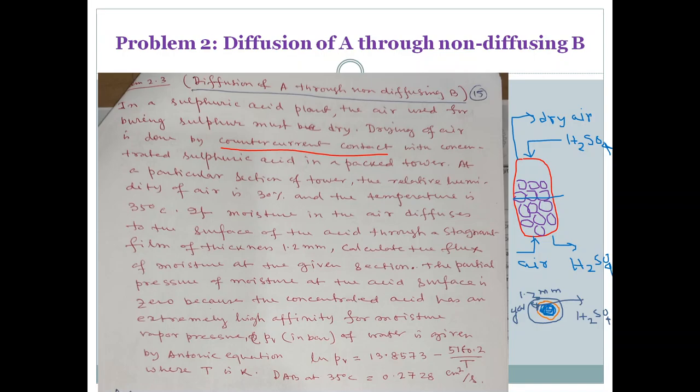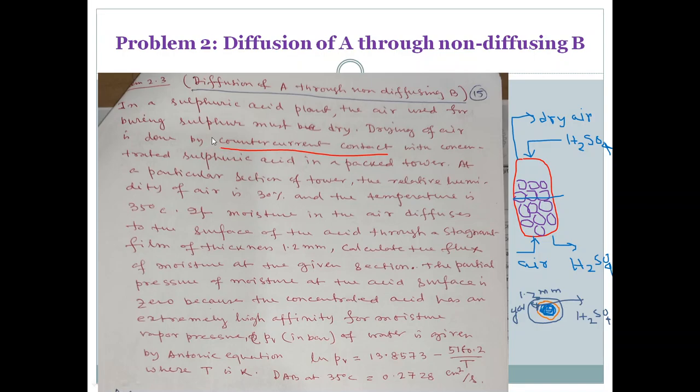You have to see what is happening at the gas-liquid interface. Here moisture is diffusing, air is not diffusing. So this is the case of diffusion of A through non-diffusing B.